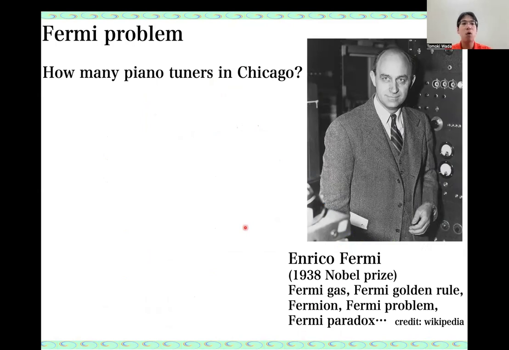This is a kind of Fermi problem, named after the very famous physicist Enrico Fermi. This question is a well-known Fermi problem in Japan. I don't know whether it is known in other countries, but it is one good example. Okay, let's estimate how many piano tuners there are in Chicago.